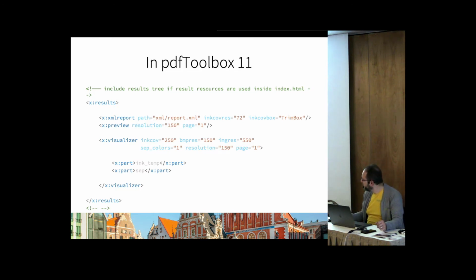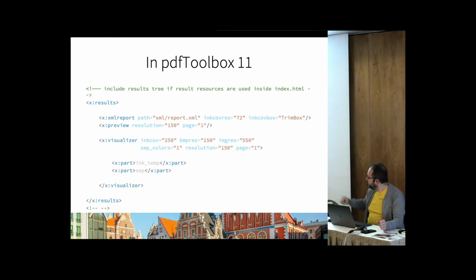So in the example you have there, I don't know whether it's readable very well, but what you have there is ink_temp, which means ink coverage, the temperature view, which is this highlighting with yellow, orange, and red. And then the second thing I have in there is sep, which means generate images for all individual separations.